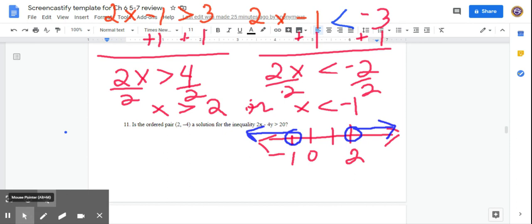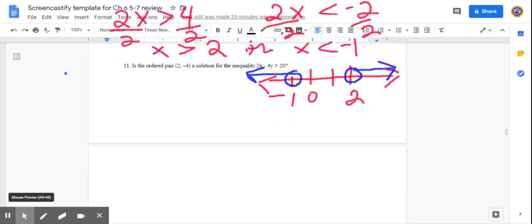All right. Number 11. Number 11 says, is the ordered pair 2, -4 a solution for the inequality 2x minus 4y is greater than 20? Many of you make this much harder than it is. You don't have to solve this equation. You don't have to graph this equation.